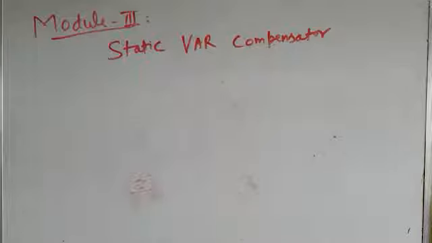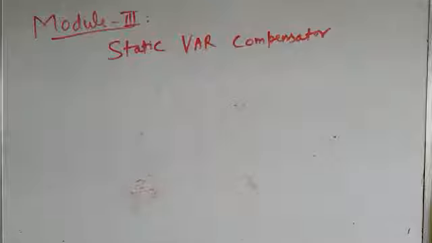Now I have also discussed with you the schematic diagram of a static VAR compensator. The main components of a static VAR compensator are a thyristor controlled reactor, TCR, and either a fixed capacitor bank or a switched capacitor bank. And if the capacitor bank is switched, then switching may be done either through mechanical switches or through electronic switches.